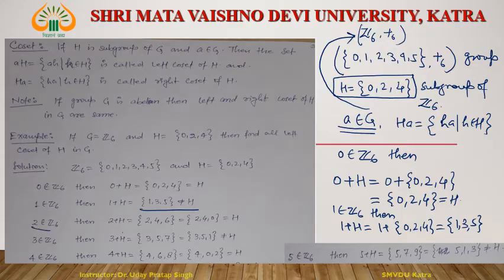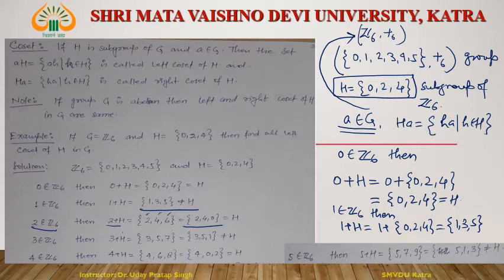Now 2 belongs to Z6. Then 2 plus H is equal to 2 plus 0, 2 plus 2 and 2 plus 4, which is 6. What is 6? 6 is equivalent to 0 in modulo 6 operation. Then this is 2, 4, 0. This is H.